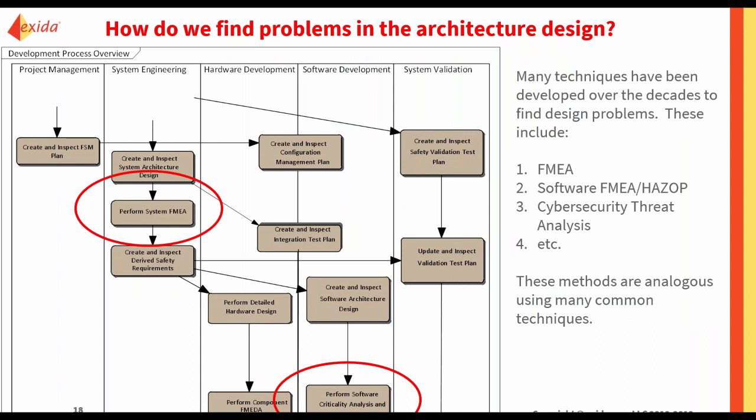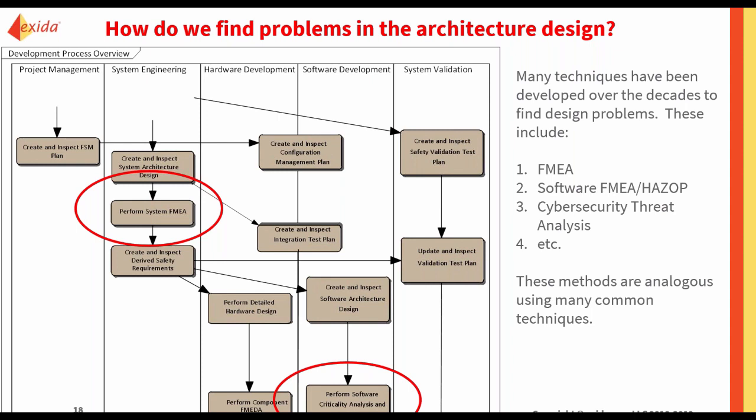Well, how do you find if there's any design mistakes in an architecture design? The fact is, many techniques have been developed over decades to answer this exact question. This is not new stuff. These techniques include the failure mode and effect analysis, which, I remember reading, was actually created in the 1960s.